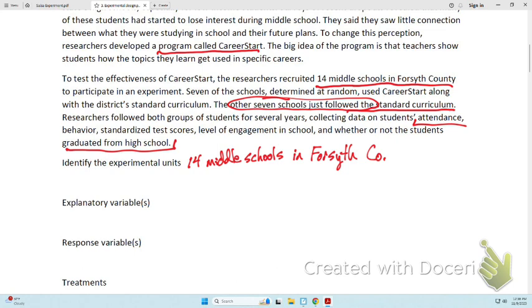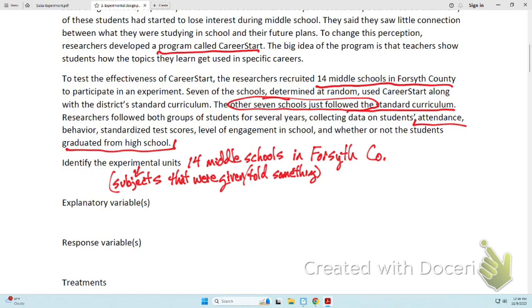But just the experimental units, this is asking who is in the study that received anything. Subjects that were given, so you don't have to write this, by the way, or told something. All right? But the answer, I would say, is middle schools in Forsyth County.